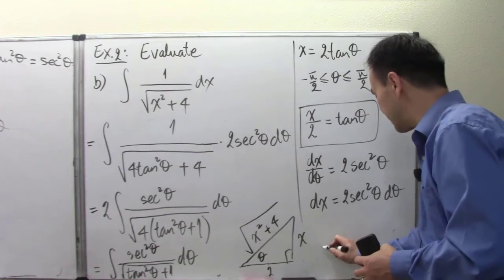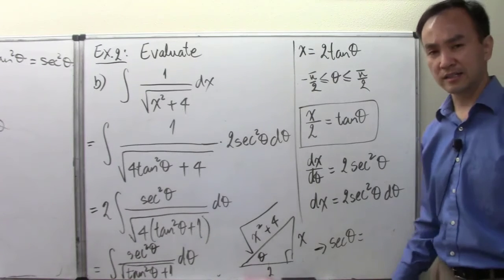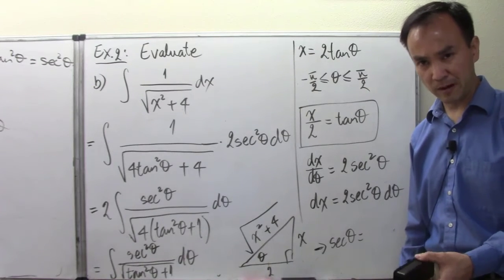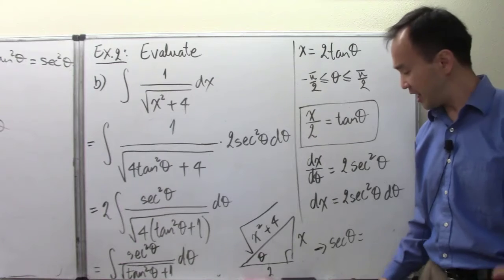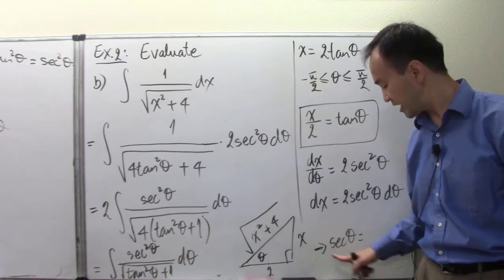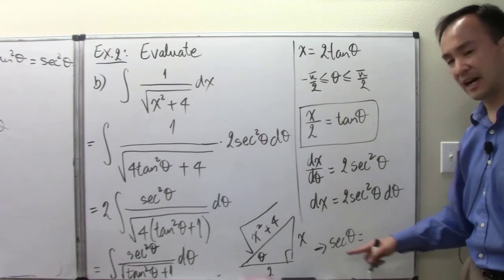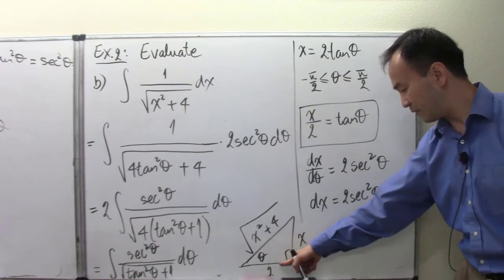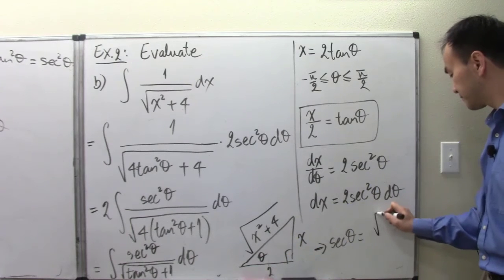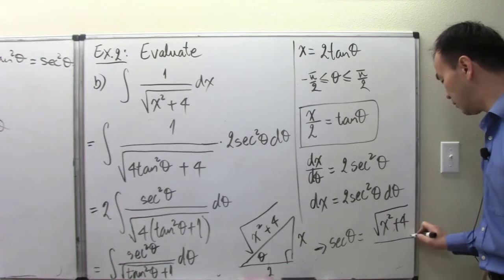So that implies that secant of theta, which is the reciprocal of cosine, and cosine is adjacent over hypotenuse, but secant is the reciprocal. So we're looking at the hypotenuse over the adjacent: square root of x squared plus 4 over 2.